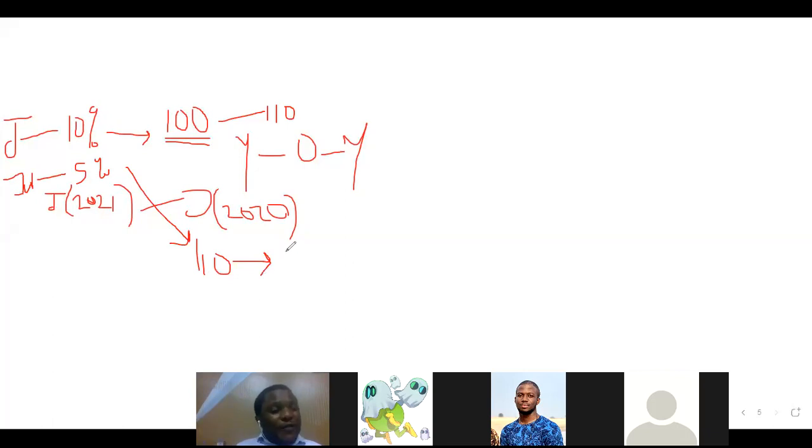So that means a bag of rice will now be about 115.5. That does not mean prices will not increase. Price will increase from 110 naira to about 115 naira. Only that the rate at which it is increasing has declined. Assuming it was still 10%, this should have been 121 naira instead of 115.